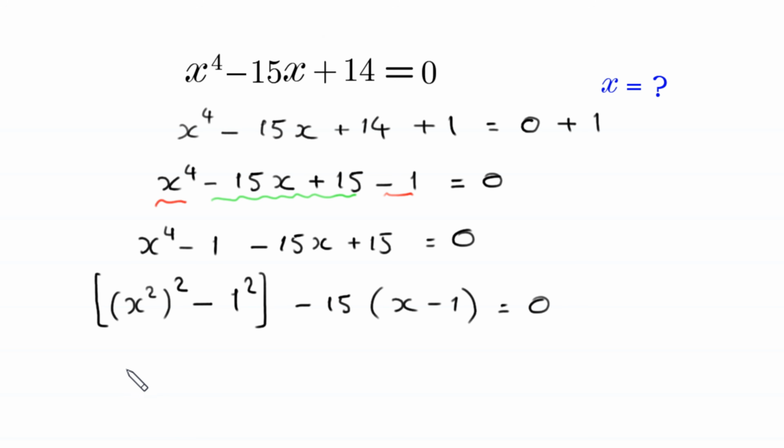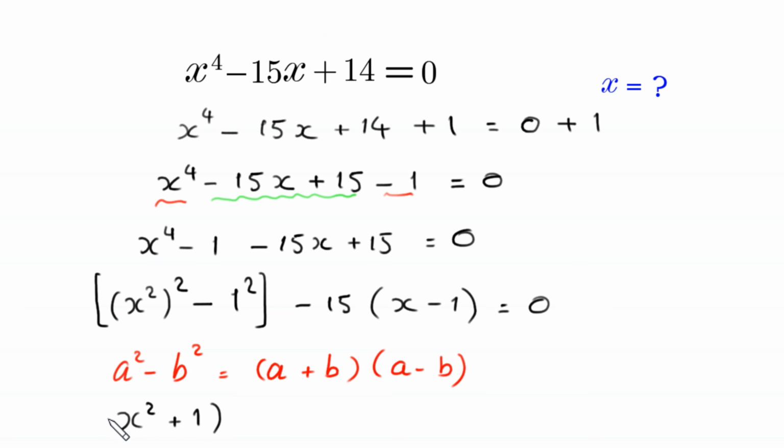Now, by using this algebraic identity, a squared minus b squared is equal to a plus b times a minus b, this x squared whole squared minus 1 squared will become x squared plus 1 times x squared minus 1 minus 15 times x minus 1 is equal to 0.